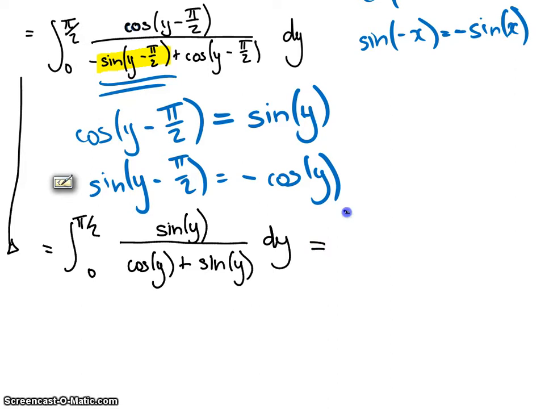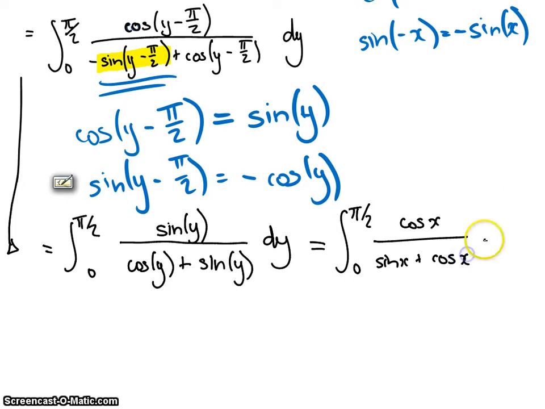So we've shown that this is actually equal to the integral from 0 to pi upon 2 of cosine x over sine x plus cosine x dx.